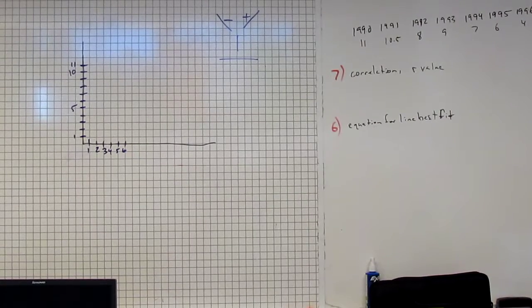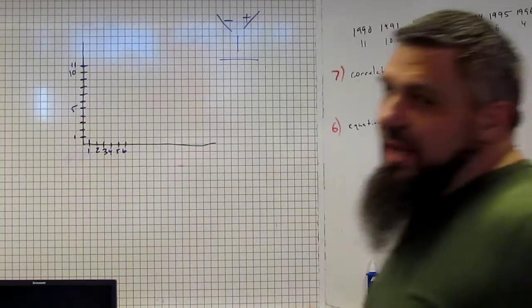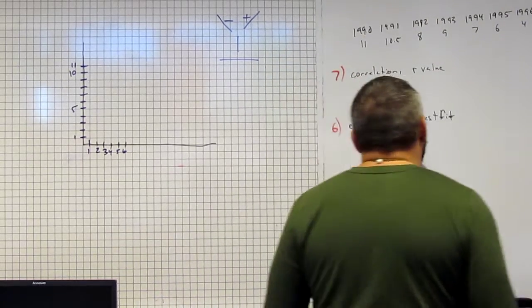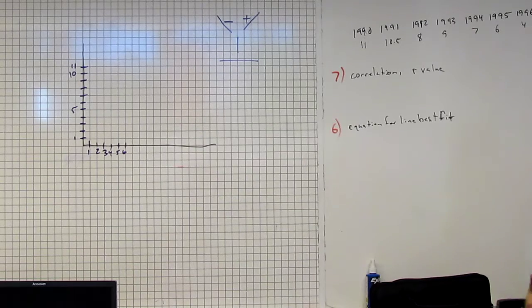Okay. So the scatter plot is working with 1990, 91, 92, 93, 94, 95, 96.